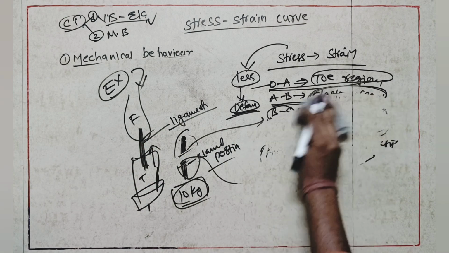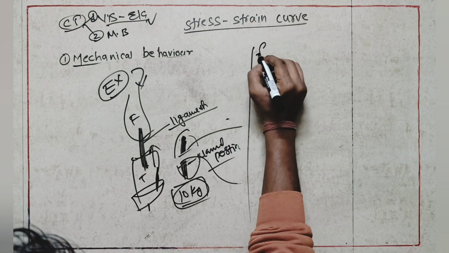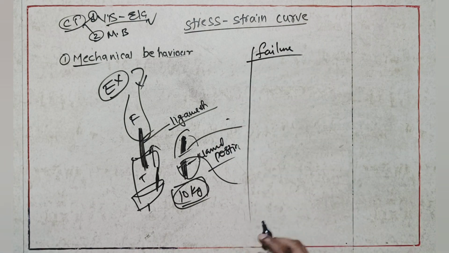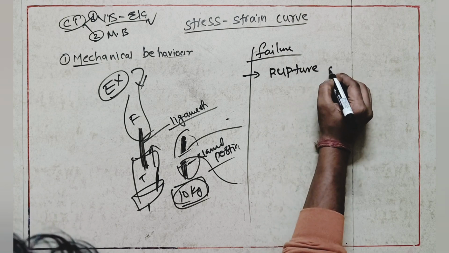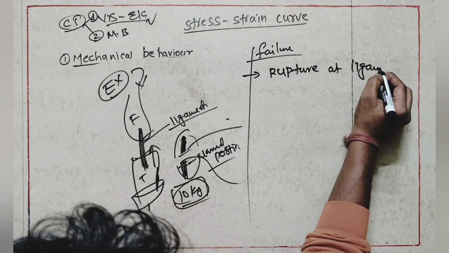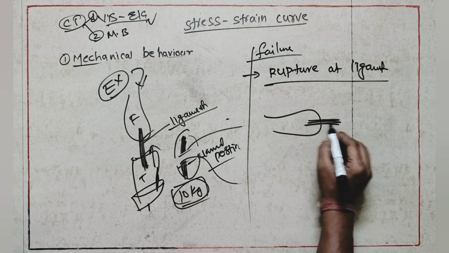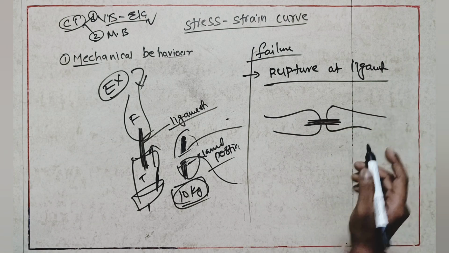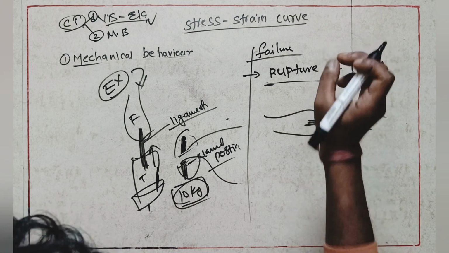Now we'll see one special point. If the failure is happening, it is going to create a rupture at the ligament. Suppose this is one bone, here the ligament is there, and this is one more bone. Usually the rupture will happen at the center.